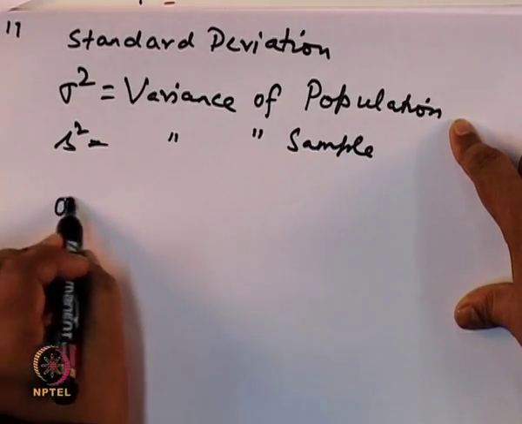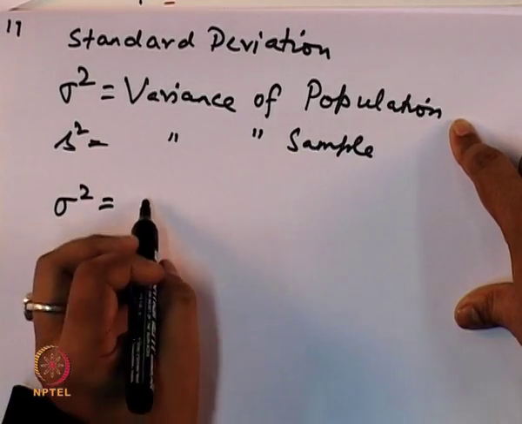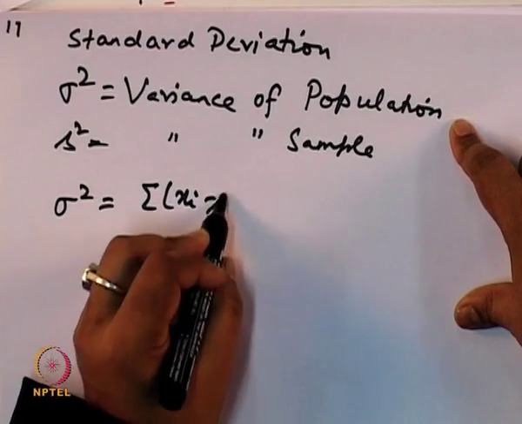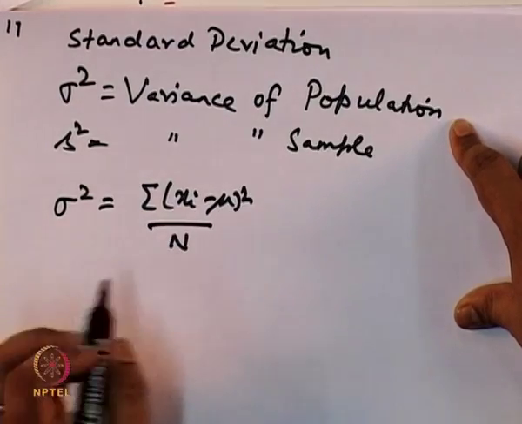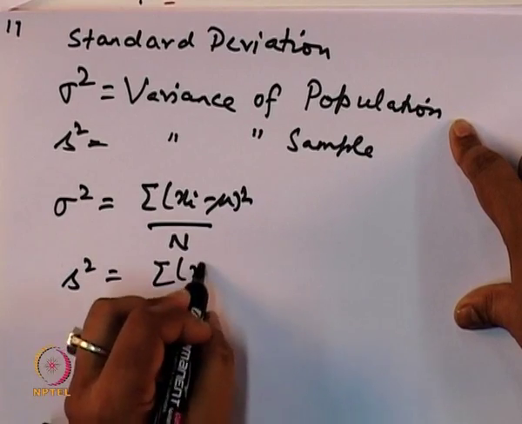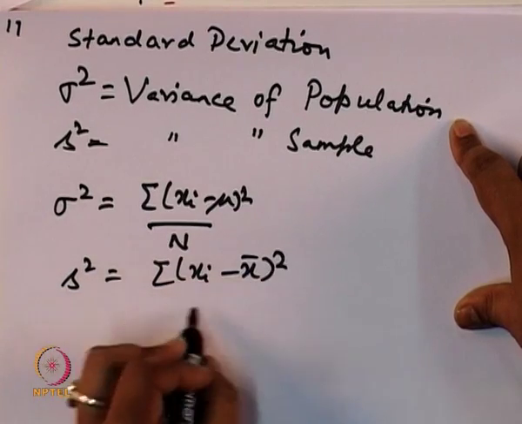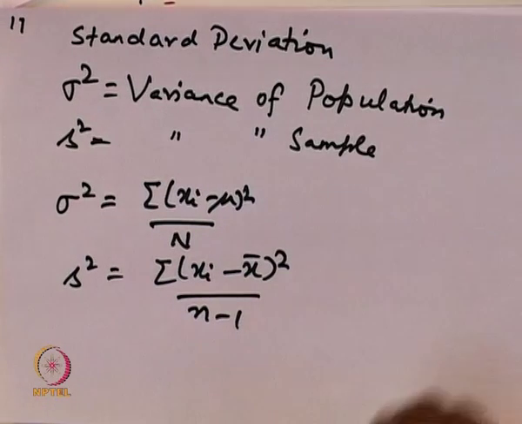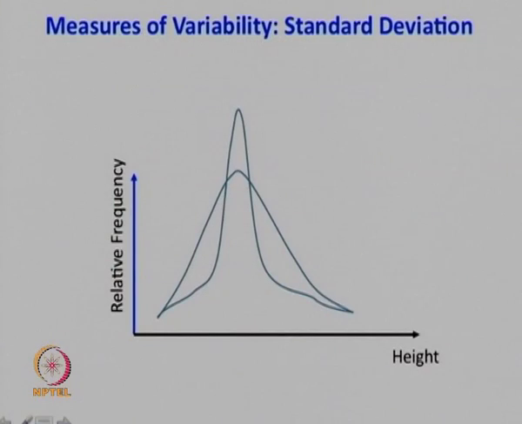So sigma square is nothing but summation of xi minus mu whole square by capital N, and S square is nothing but summation of xi minus x bar whole square by n minus 1. So these are called variances. What you can clearly see is that variance is always positive and it is the square of the standard deviation. So how do we go about computing the variation?